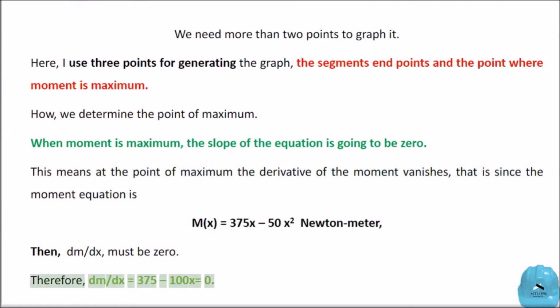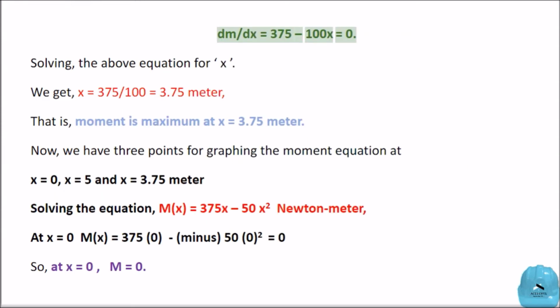Therefore, dM/dx equals 375 minus 100x equals 0. Solving the above equation for x, we get x equals 375/100 equals 3.75 meter, that is, moment is maximum at x equals 3.75 meter.